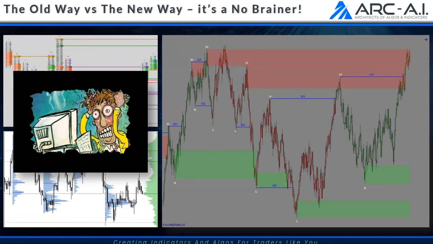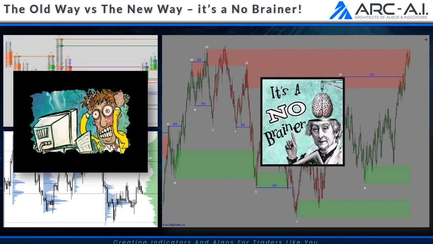How many of you would think that this is a much cleaner chart than, say, one with a whole bunch of profiles on it and a whole bunch of order flow charts with a whole bunch of flashing things that are driving your subconscious mind crazy? It's a very clean read.